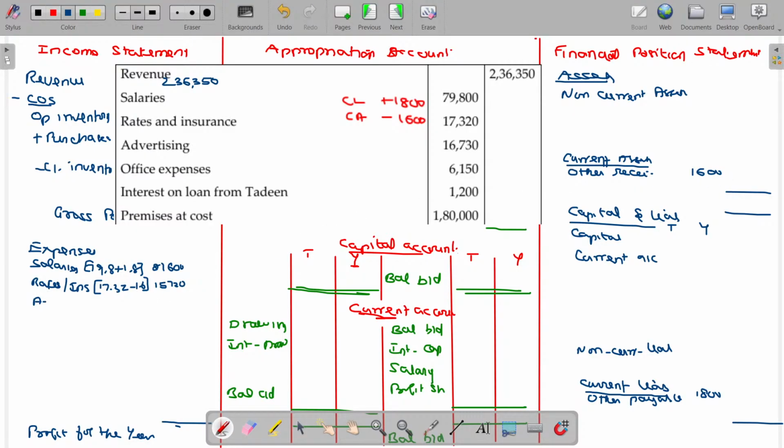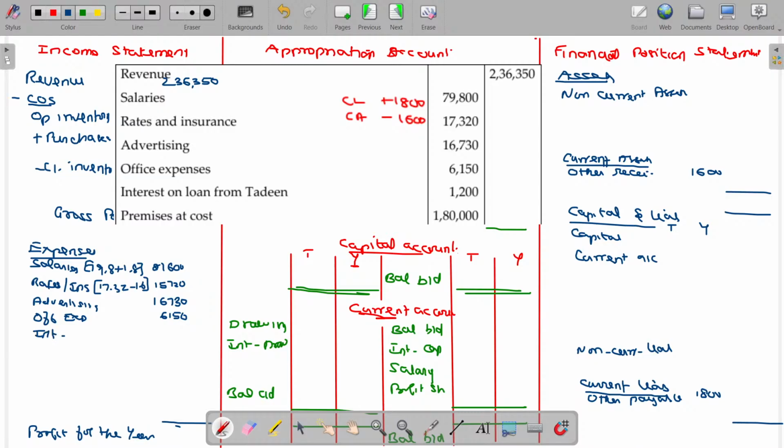Advertising is also one more expense, 16,730. We don't have any adjustment. Office expenses 6,150. Interest on loan from Tadin is also an expense here.